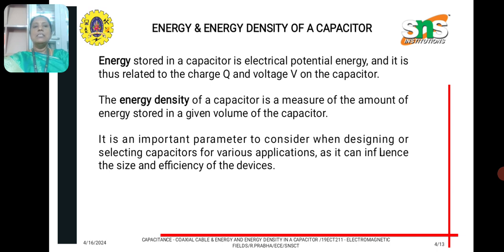The energy density is a measure of the amount of energy stored in a given volume of the capacitor. This energy density is an important parameter when designing a capacitor for various applications, because the selection of capacitor can influence the size and efficiency of the device.